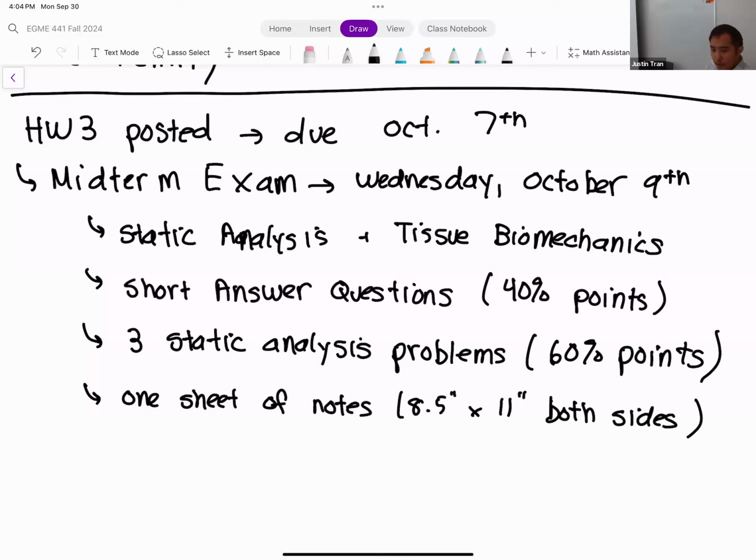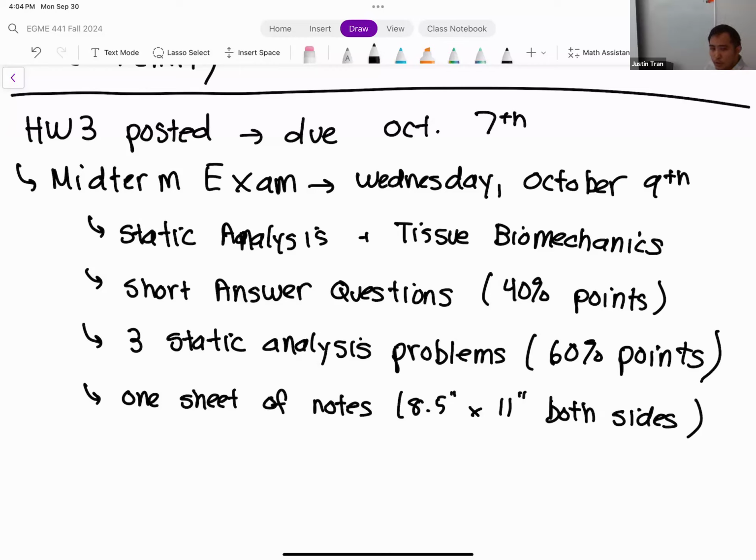The reason I give you such a relatively large cheat sheet is that making the cheat sheet is also a good study tool in itself, right? We're taking 6.5 weeks' worth of content and putting it all into one exam.